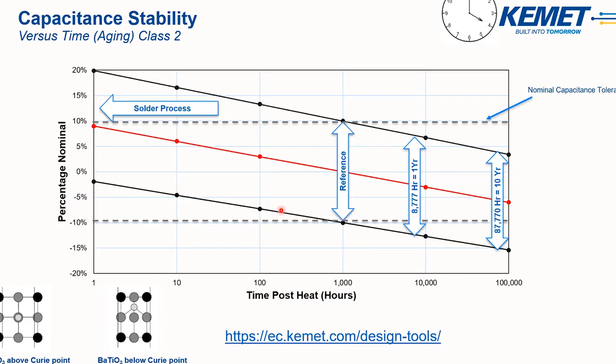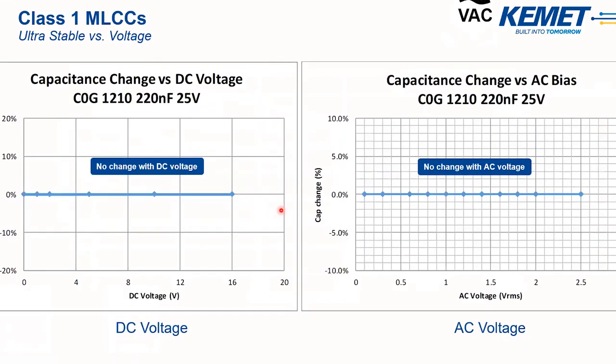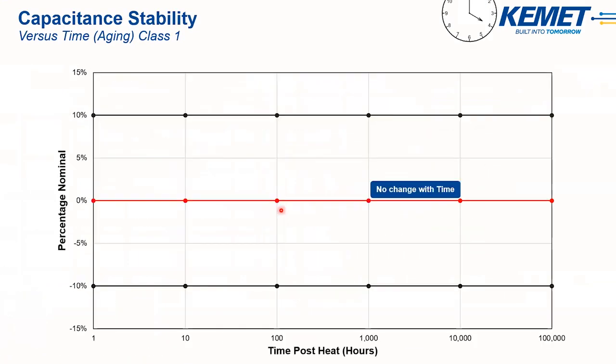So you don't actually have to wait 1,000 hours. You can predict what the cap's going to be 10 hours after the last heat based on what it should be at 1,000 hours. It's important to note that class 1 MLCCs, again, are ultra stable, right? So this has no effect of de-aging for class 1 MLCCs.